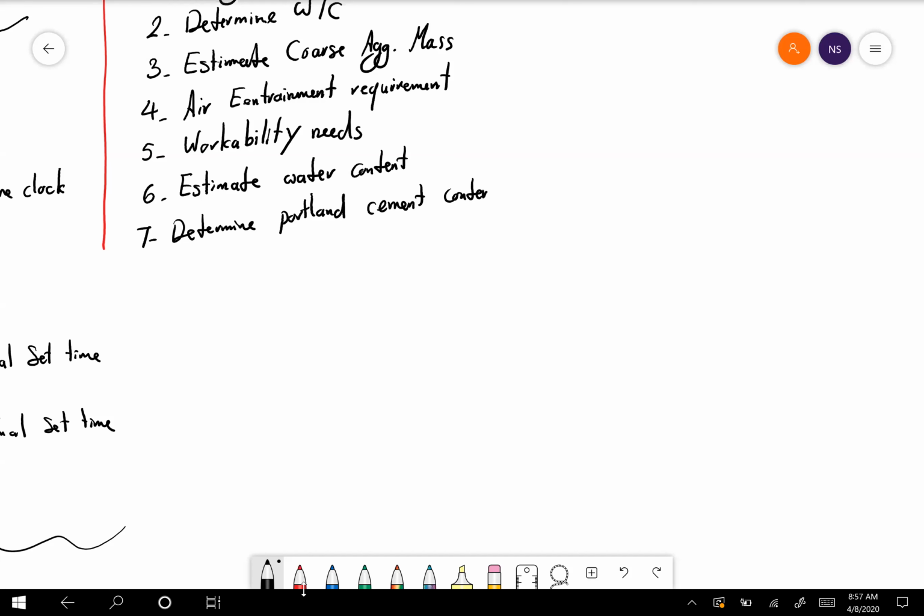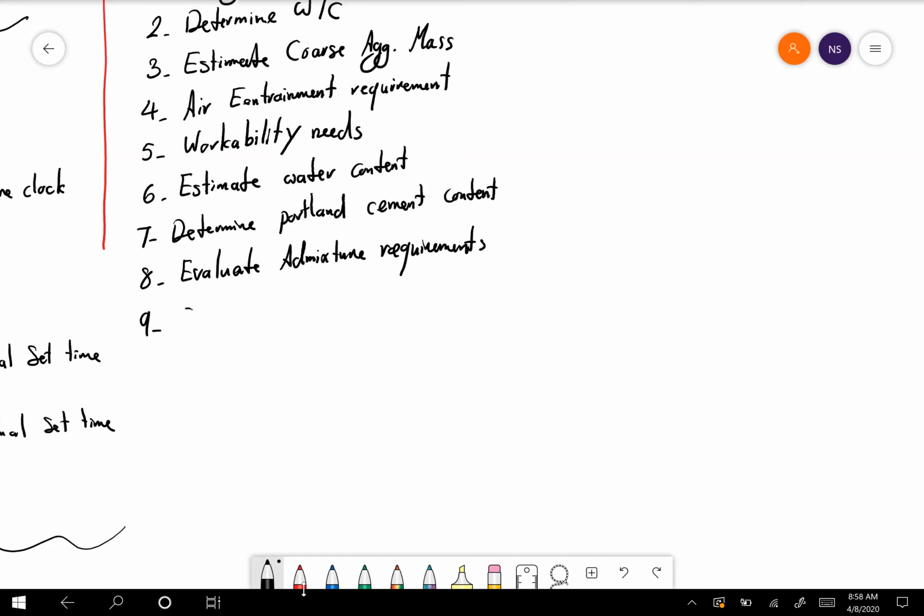That's how much Portland cement you need to have in the mix. You also need to evaluate what type of admixtures you need to have in the mix. So, evaluate admixture requirements.